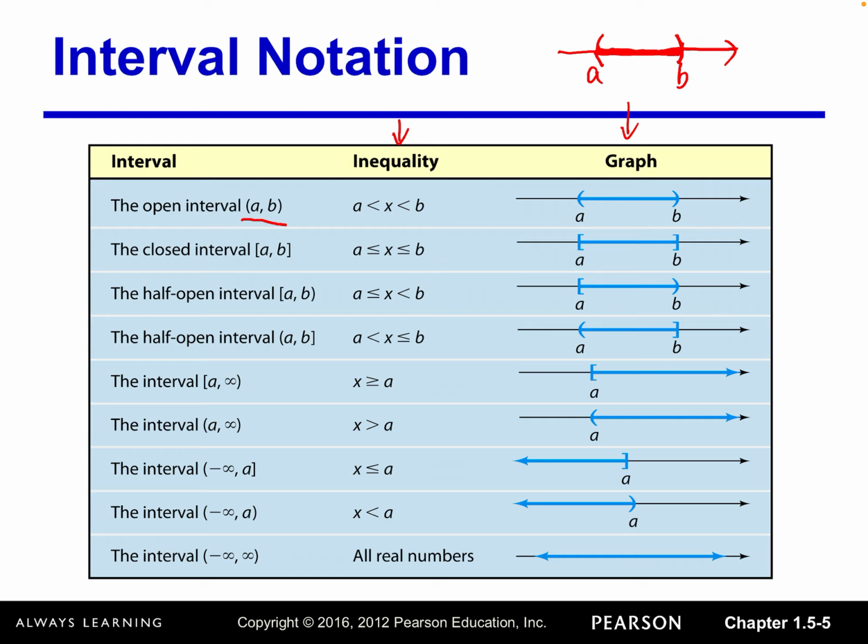And the closed interval is very similar, just square brackets. So the corresponding inequality is A less than or equal to x less than or equal to B. So x can equal A, x can equal B. Similarly, when we graph the inequality, it's the same process.